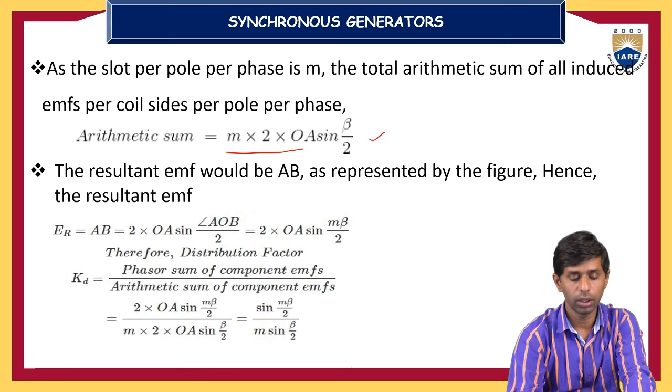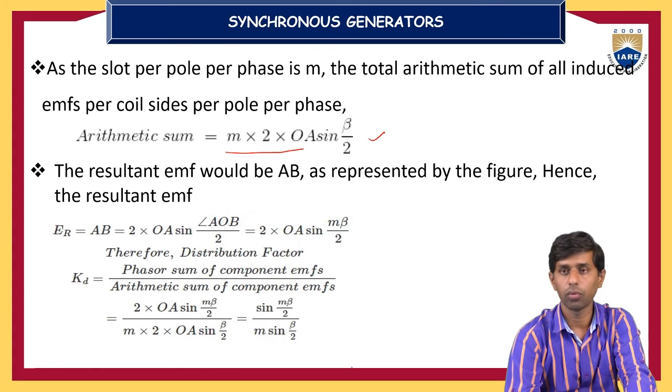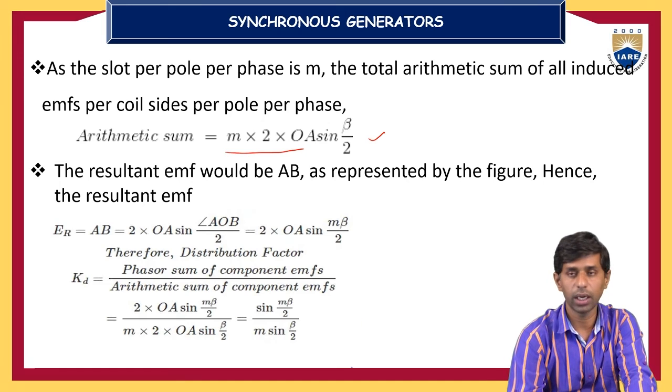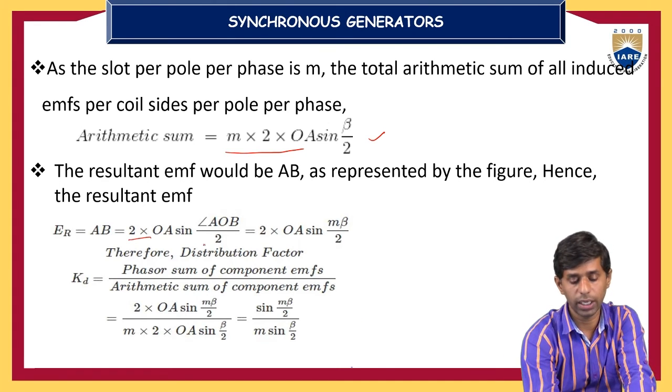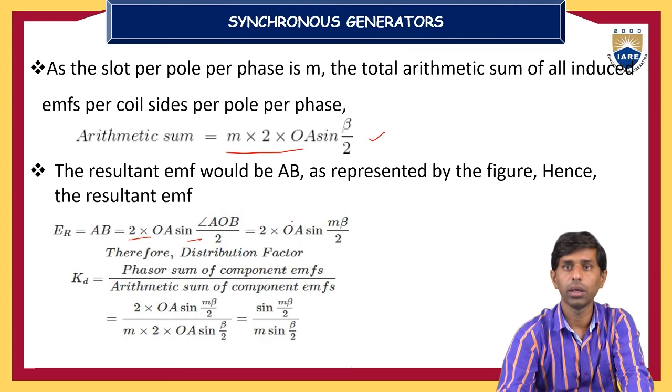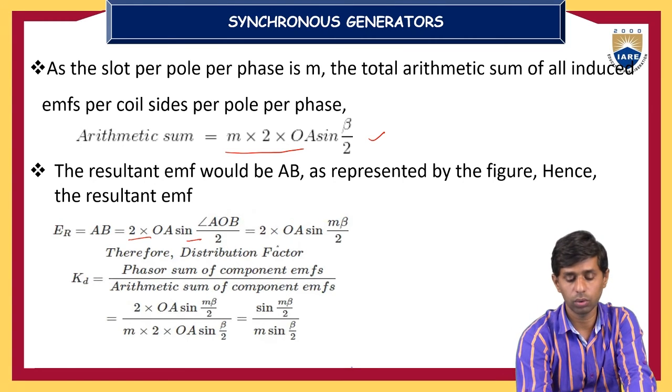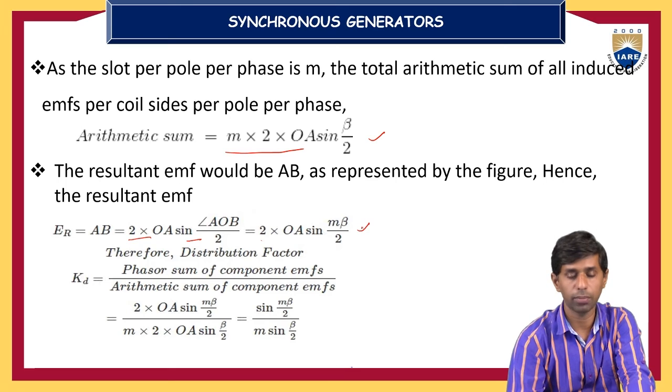Now the resultant induced EMF would be represented by AB, that is ER, or EB, is equal to 2 OA sine of angle AOB by 2, that is 2 OA sine M beta by 2.